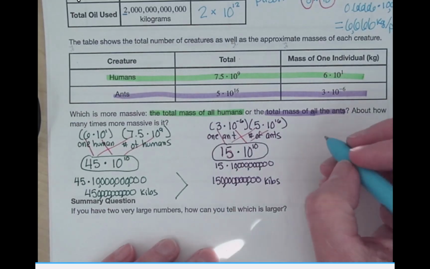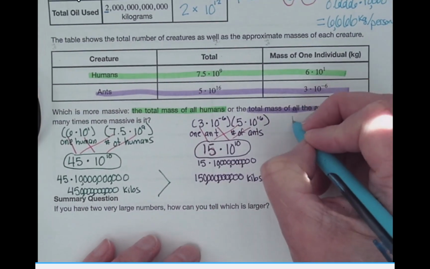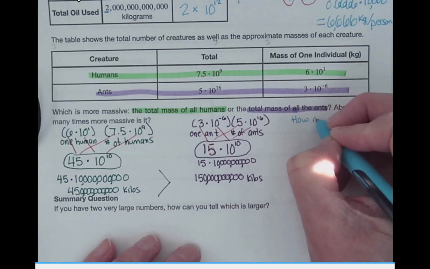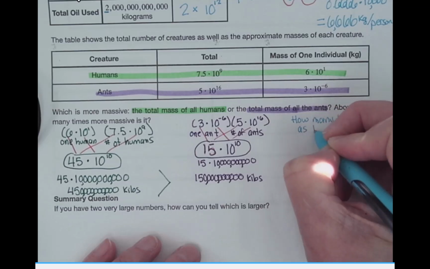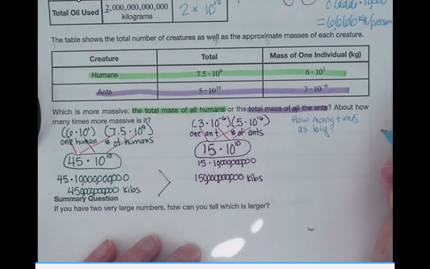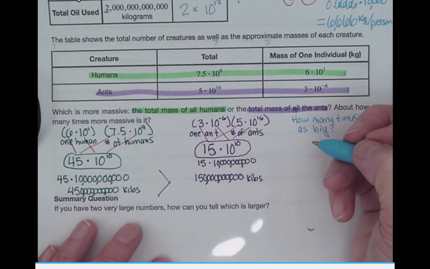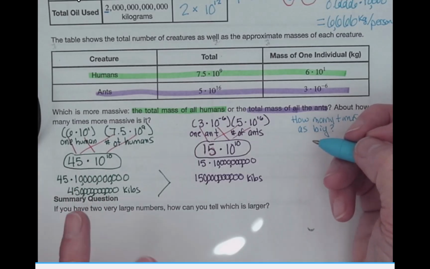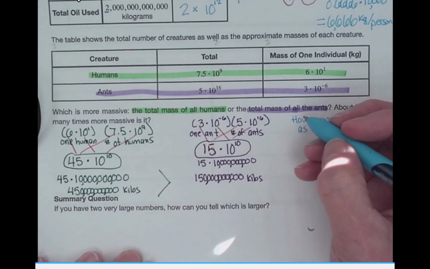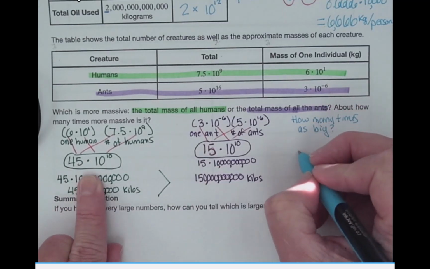All right, well, if I'm looking at how many more times, then I'm going to divide these two numbers to see how many more times heavy the humans are than the ants. So let's start with my humans.